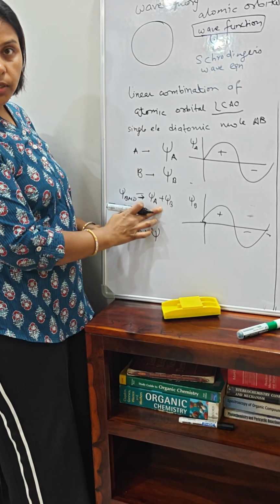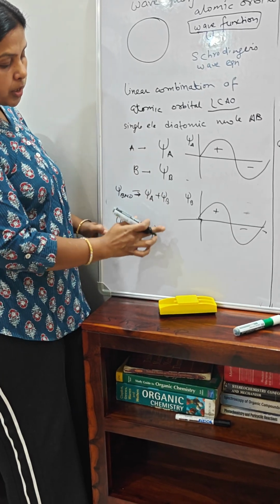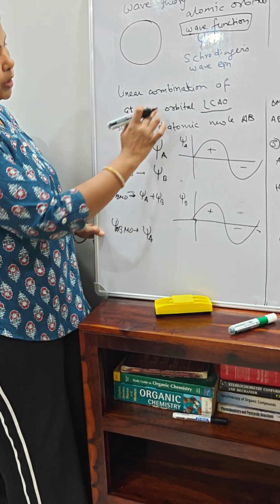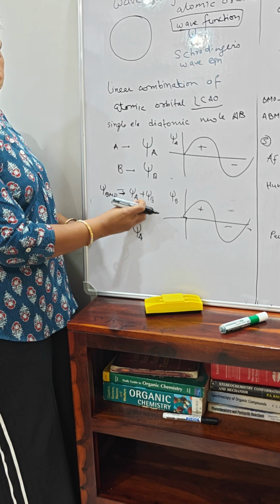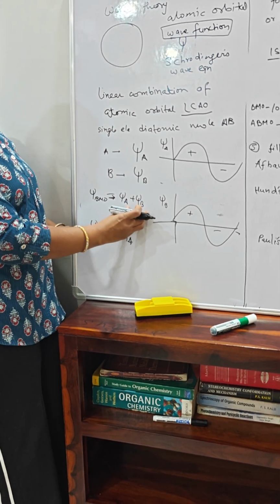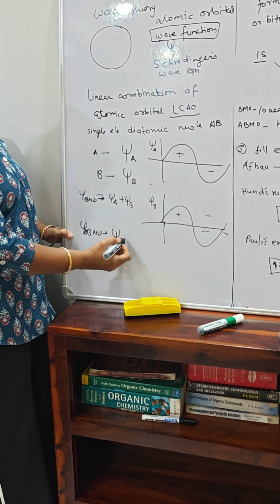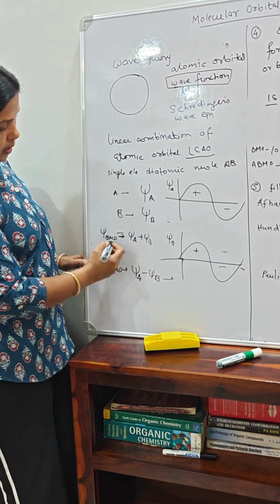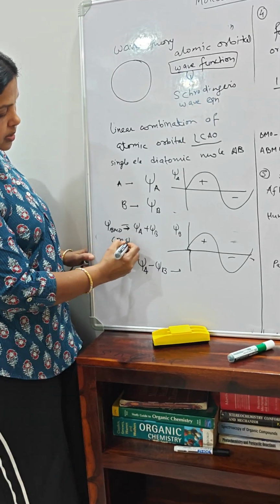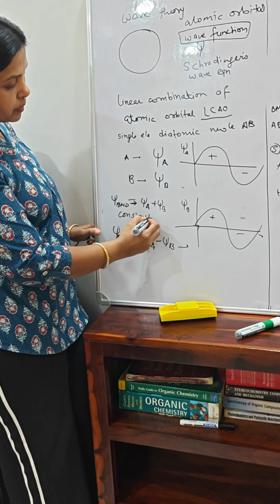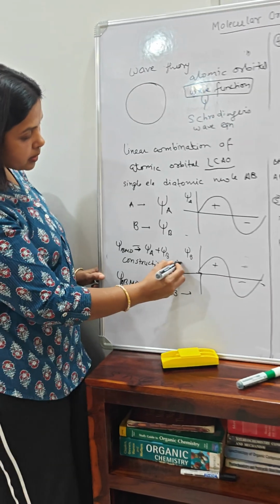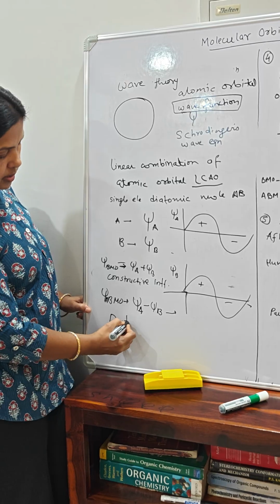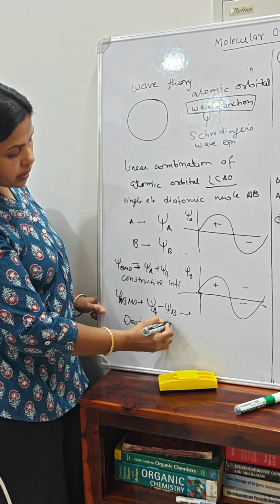This is the in-phase combination, this is the out-of-phase combination, and since the two atomic orbitals combine in a linear manner, it is called linear combination of atomic orbitals. So psi A minus psi B. The bonding one is formed with constructive interference, and this one is formed through destructive interference.